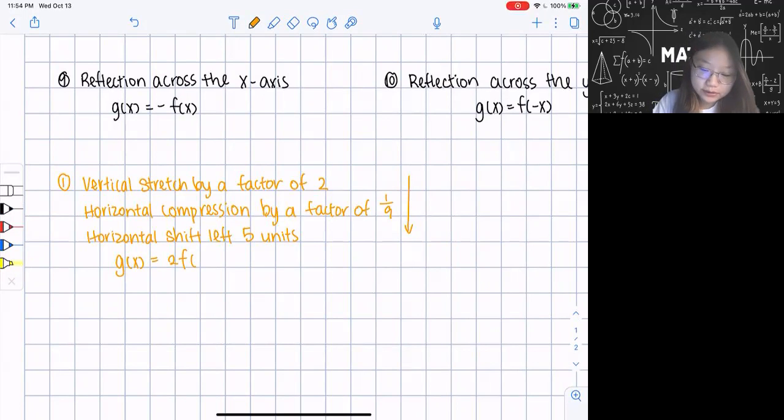So the first step, I'm gonna put that here. And my second step, I'm gonna do my first horizontal compression. So I'm gonna say 2f of, you learned about compression and you know that we're gonna put a 9 in front of x, right? Because it's horizontal compression, you do the reciprocal of your factor.